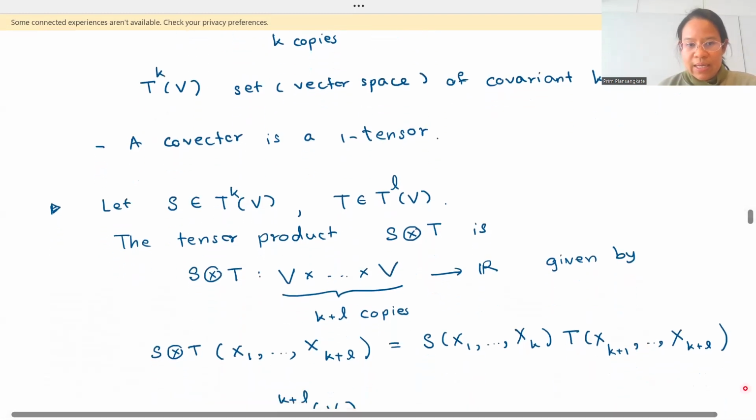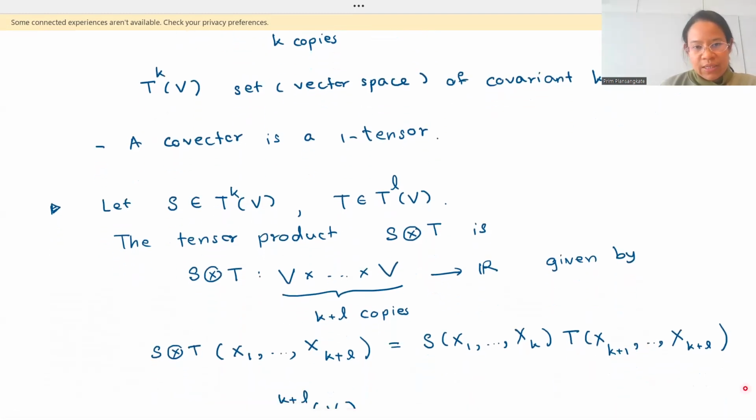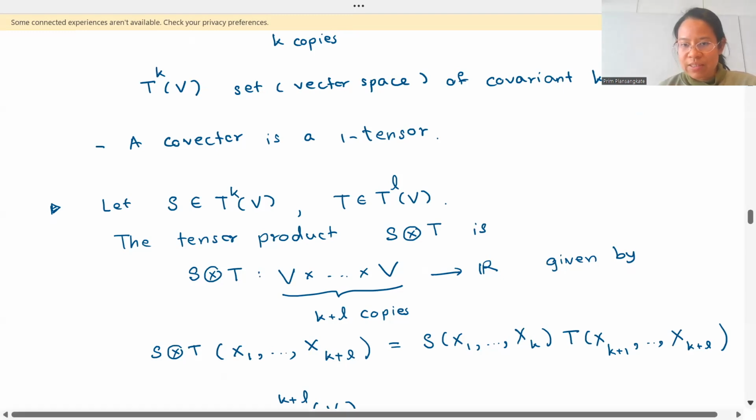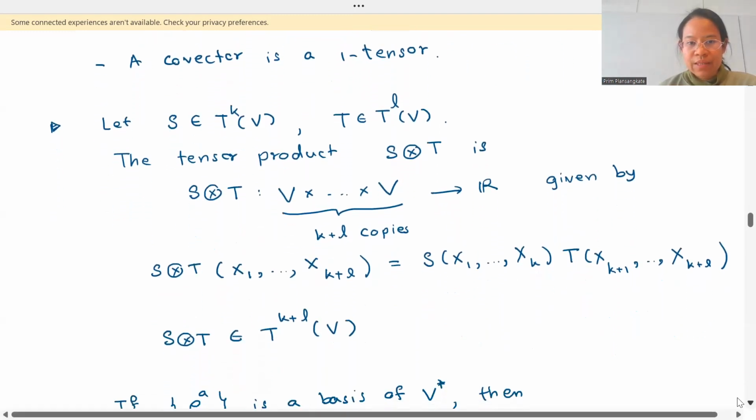The way it acts is that if you give K plus L vectors to the tensor product of S and T, you just feed these vectors to S and T in order: S will act on x1 to xk and T on x(k+1) to x(k+L).